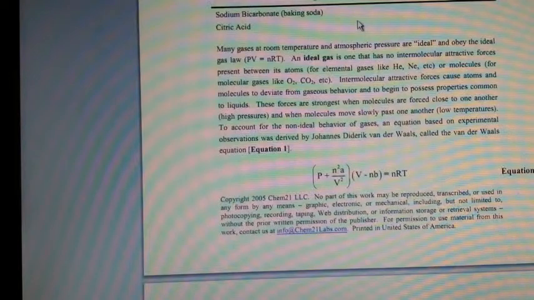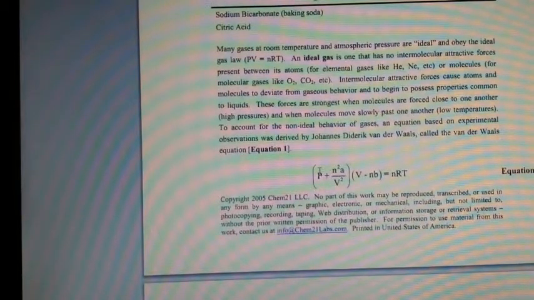It's a variant of the ideal gas law, except a little bit more detailed. You see there's the pressure and the volume equals nRT. So we just have this correction to the volume and a correction to the pressure, because the ideal gas law is for ideal gases, and this is for real gases.